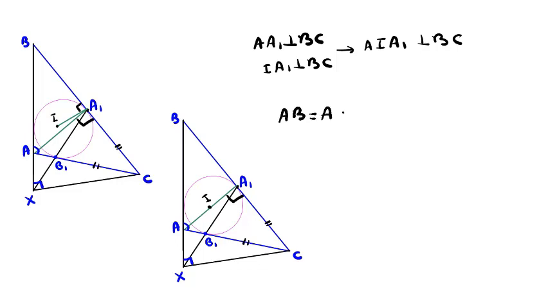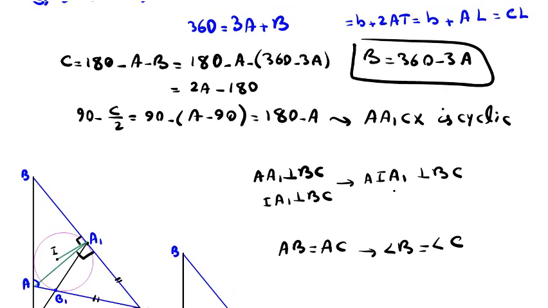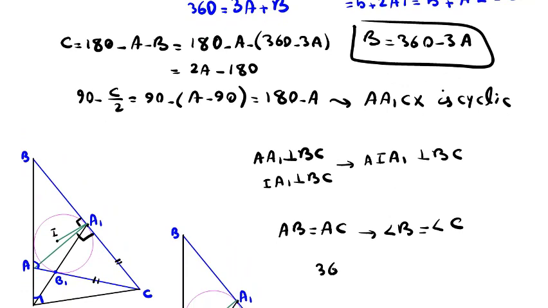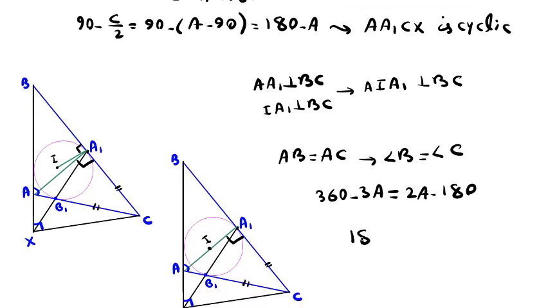So AB equals AC, so angle B equals angle C. Angle B was 360 minus 3A. Angle C was 2A minus 180. So we can conclude 360 plus 180 equals 0.